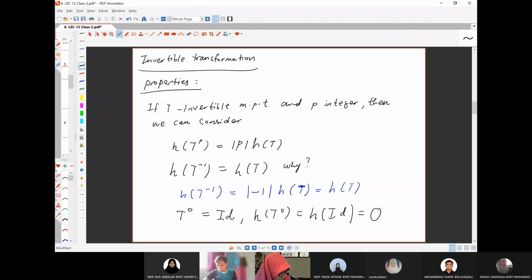So 0 is invertible. Identity is invertible.